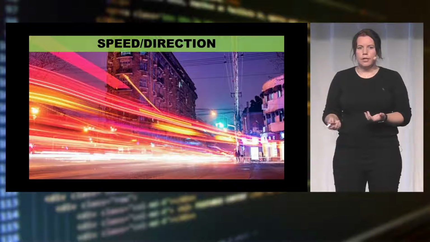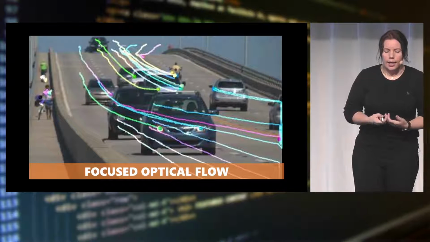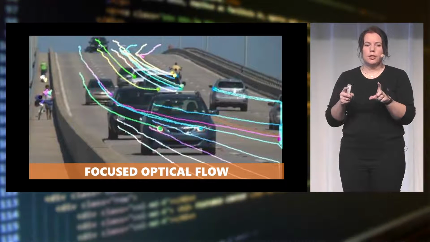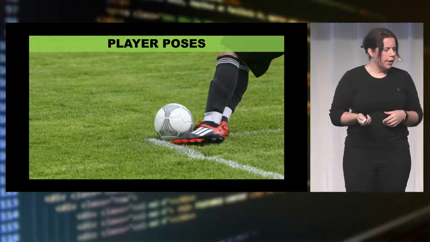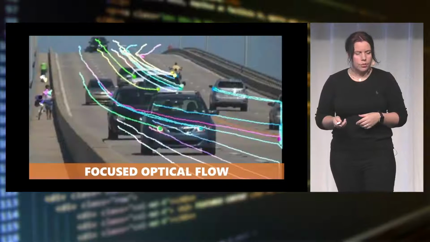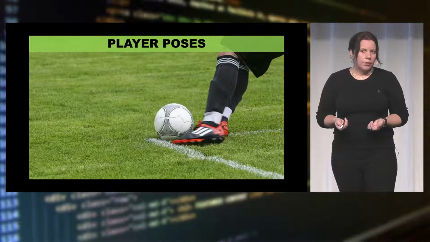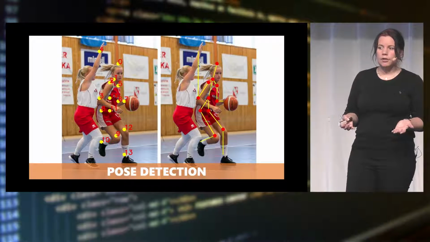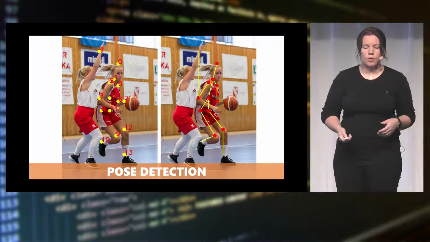If we go over to speed and direction, I've already talked a little bit about how we did that with focused optical flow. So we did the optical flow, but just based it first on bounding boxes for the players. And then we looked at player poses. So the optical flow was also not very successful. We looked at player poses, and with poses, we basically extracted the poses like this, again with a pre-trained model.